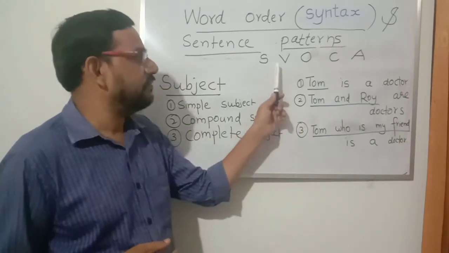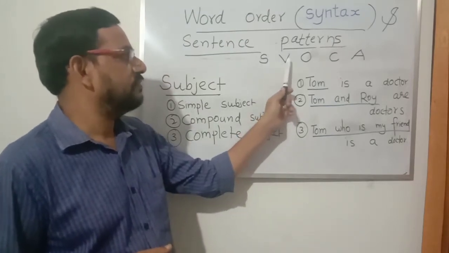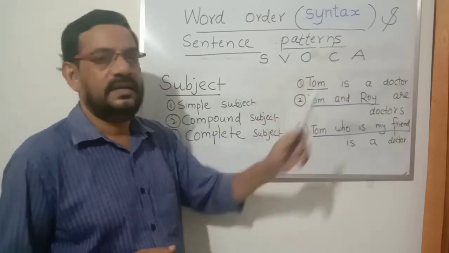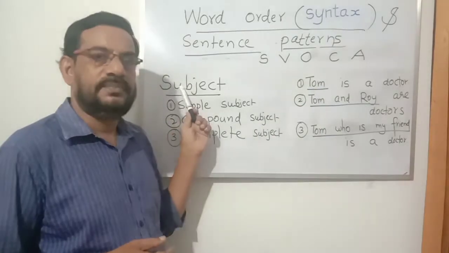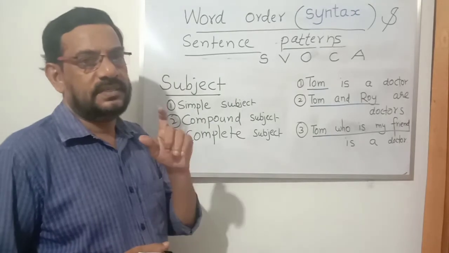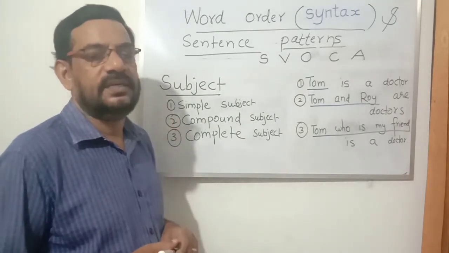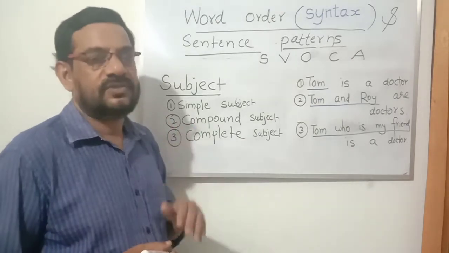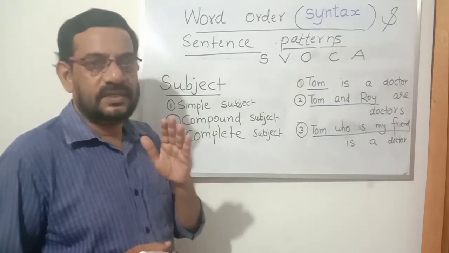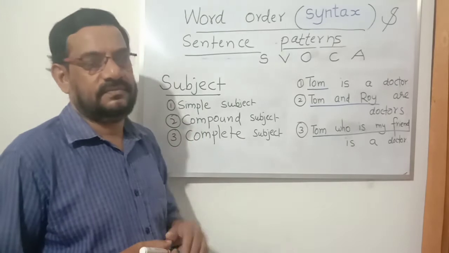So out of these five concepts, subject, verb, object, complement, and adverbial, we will come to the subject first. Subject is the most important element in a sentence. Subject is the doer of the action, or subject is responsible for the condition.